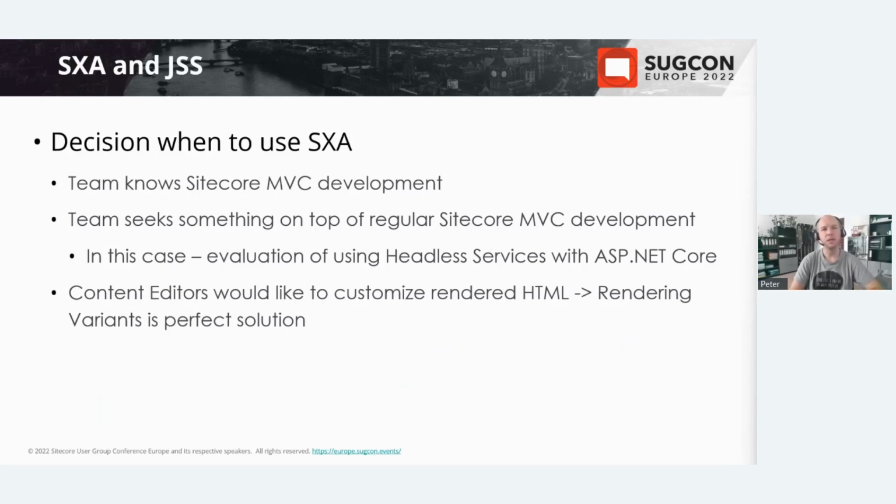If the team is also seeking something new, definitely go with SXA. If you are also looking into going more ASP.NET Core, then the headless services with ASP.NET Core could maybe be a better option, right?